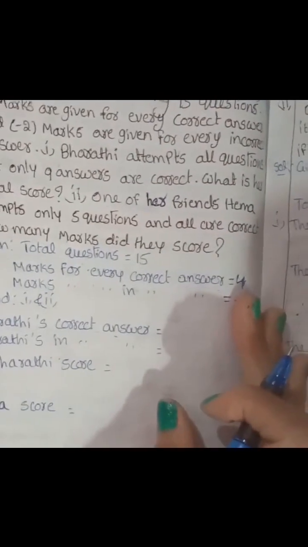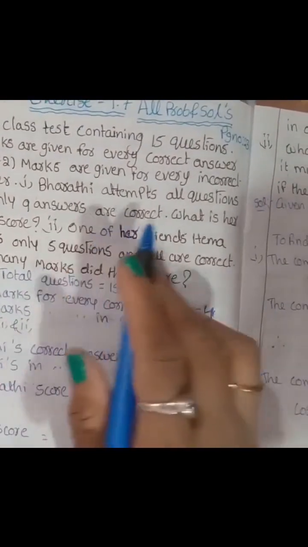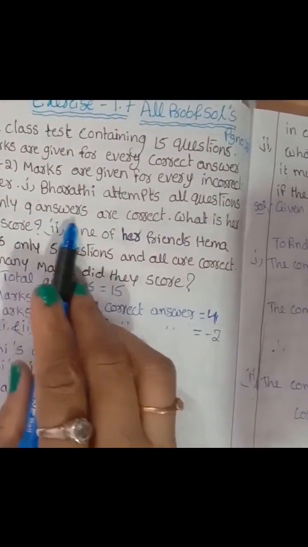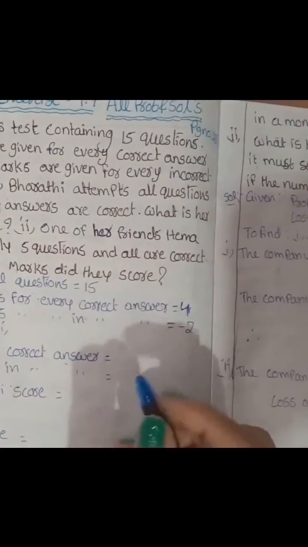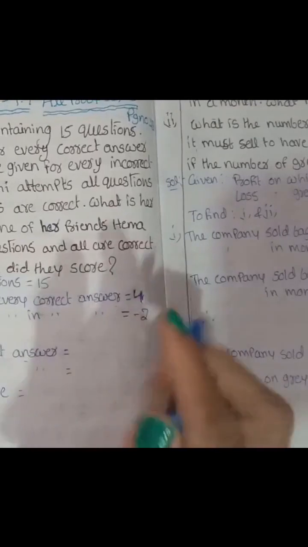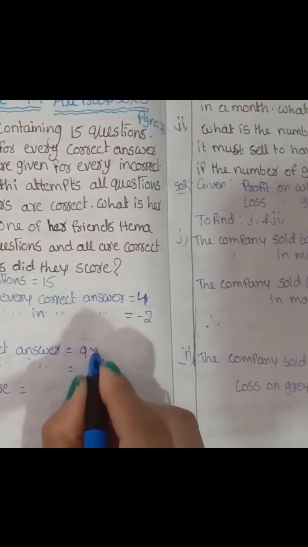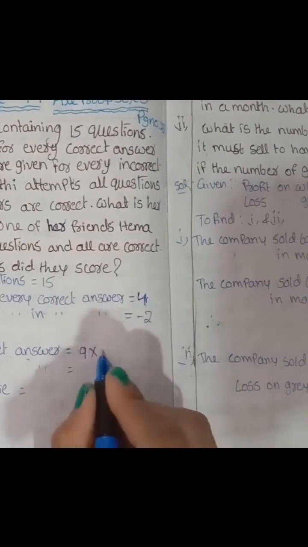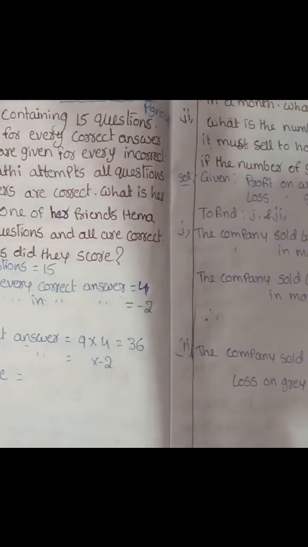First bit solution. Bharati attempts all questions but only 9 answers are correct. Bharati's correct answers are 9 answers only. 9 into every correct answer is 4, so that's 36 only. Bharati's correct answer: 9 cross 4 equal to 36.